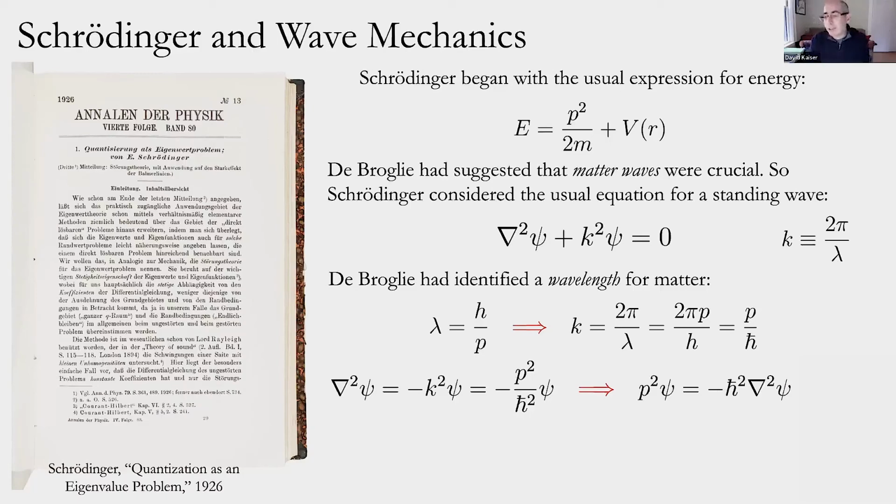Maybe the momentum is just a measure of the kind of spatial gradients of some associated matter wave. So maybe there's a whole new operator. Maybe there's a new object that relates the momentum of some object to the gradient of its associated matter wave with, as usual, the sense of scale or sense of proportion provided by Planck's constant.